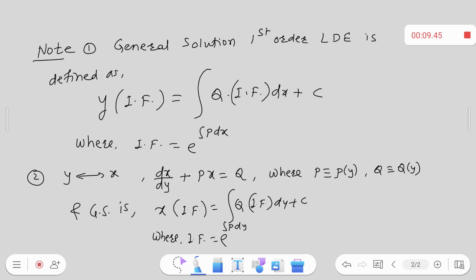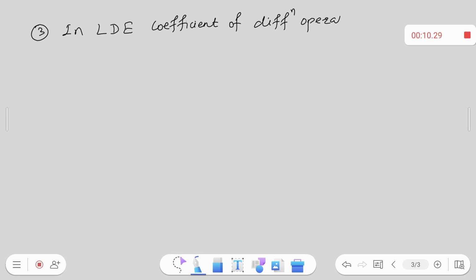One more note, note number 3. In a linear differential equation, the coefficient of the differential operator, that is dy by dx, is always 1.